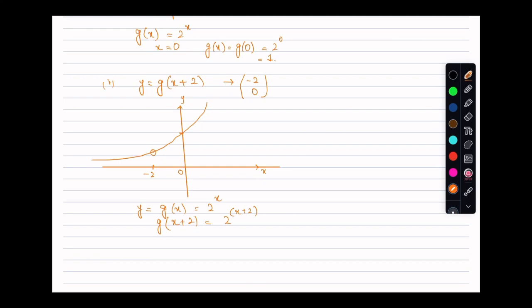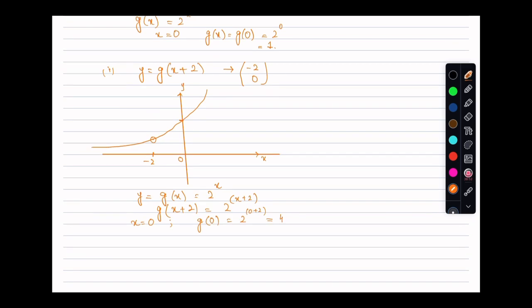In the case where x is 0 on the y-axis, my function becomes g of 0, which will be equal to 2 to the power 0 plus 2, giving me 2 squared, which is equal to 4. That means on the y-axis, my graph is going to represent a 4.